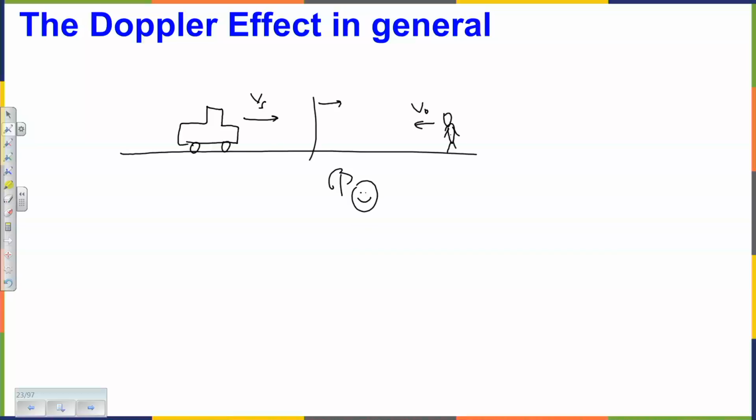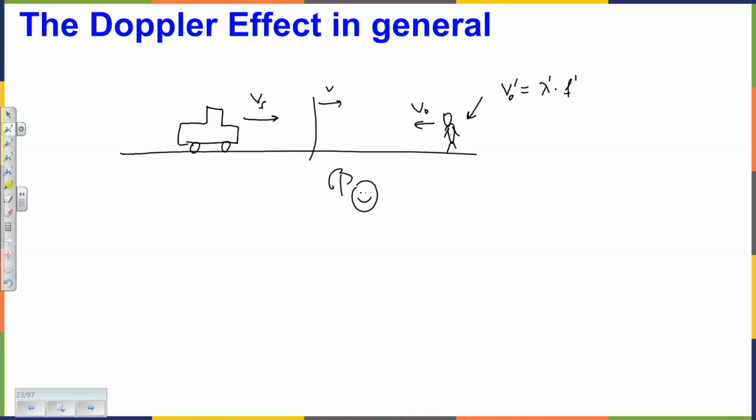Sound waves always move relative to the ground. So relative to the observer, the speed of the sound relative to the observer is supposed to be equal to the wavelength of the sound waves measured by the observer times the frequency of the sound experienced by the observer. That's what all those primes mean.